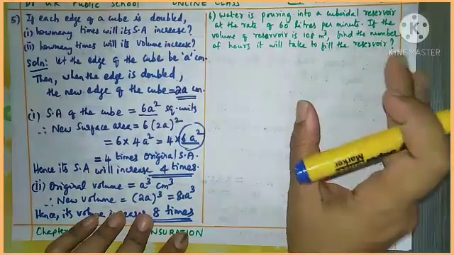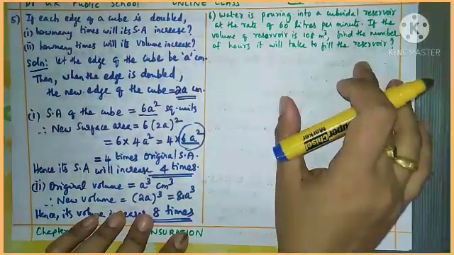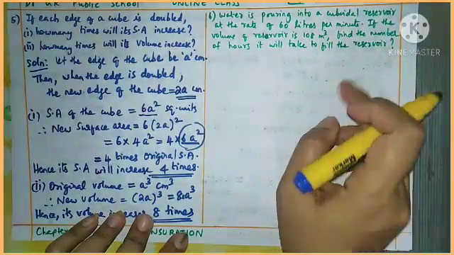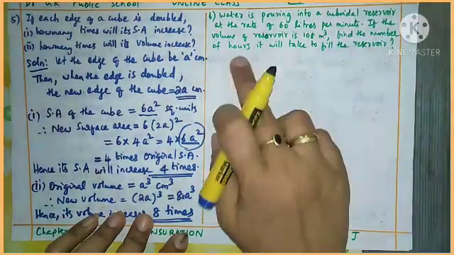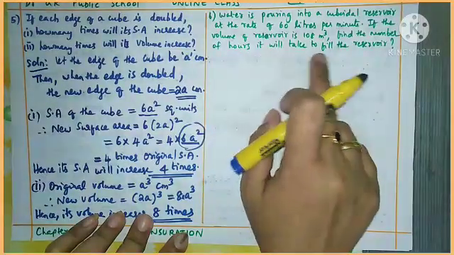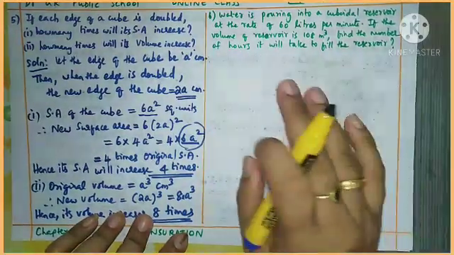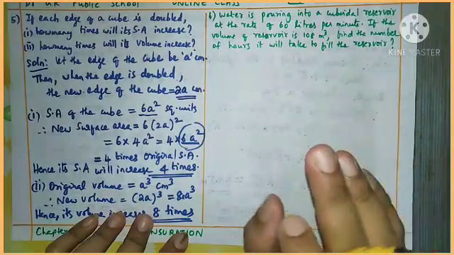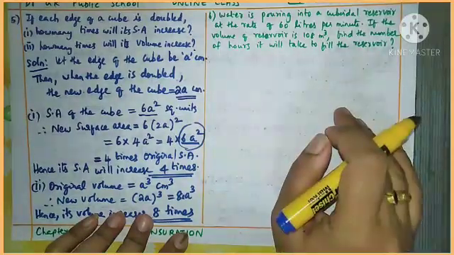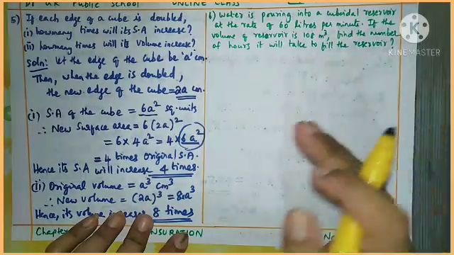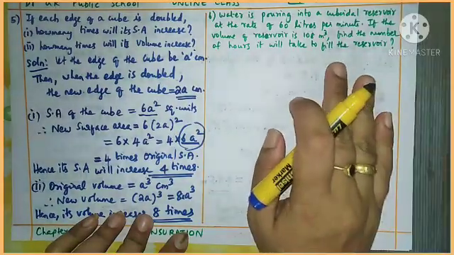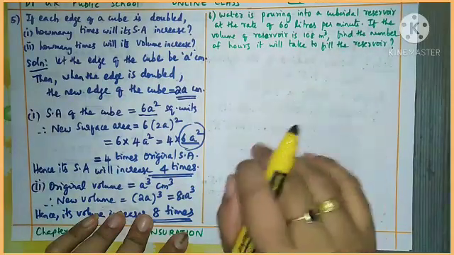We need to find the number of hours it will take to fill the reservoir. So to fill the reservoir completely, how much time is required? Number of hours. So here it is also asked number, so we want to use the division method here.